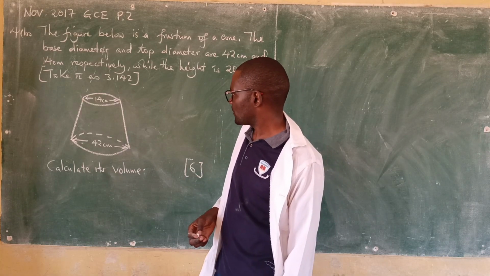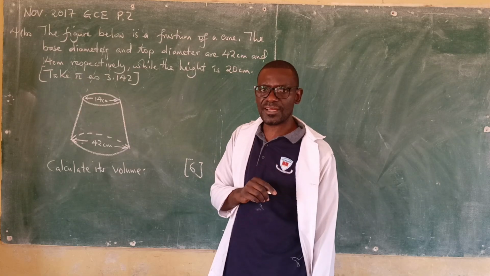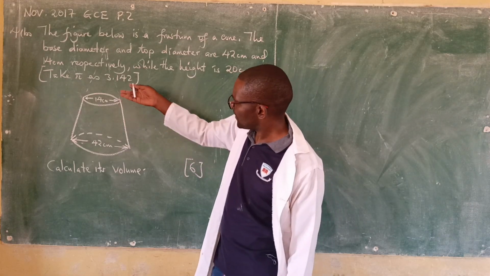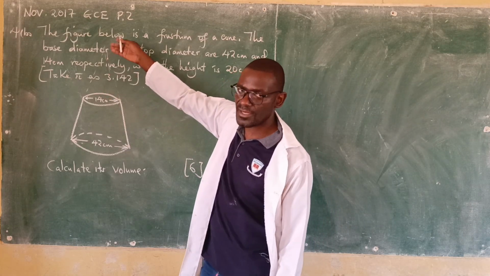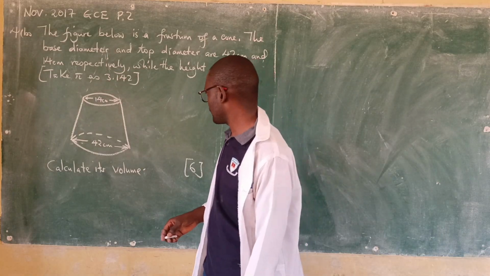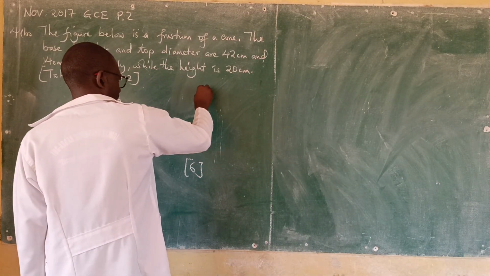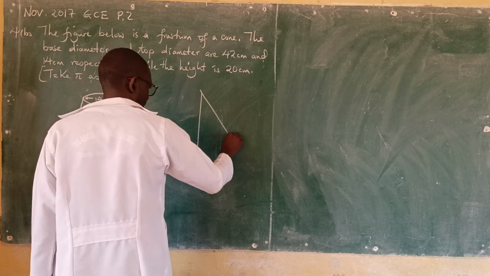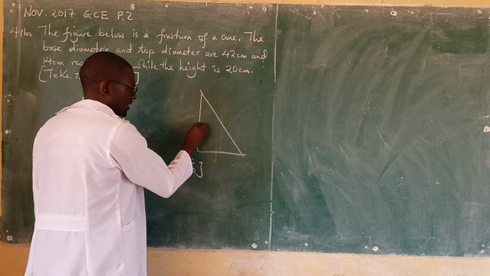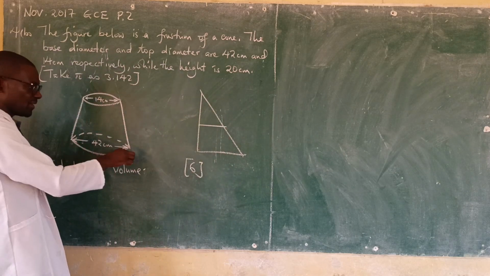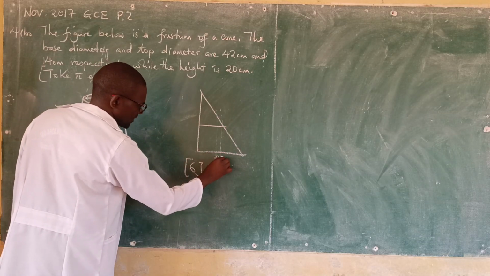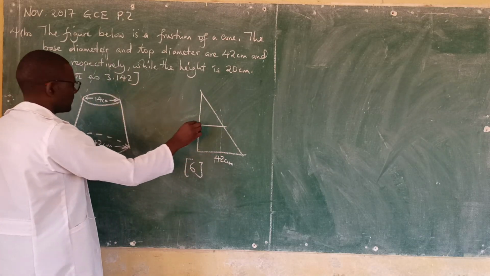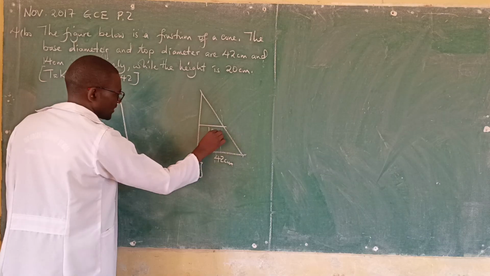And so before we do that, we take advantage of similar triangles to try and come up with the height for the small cone. So what we'll do is this. There's this arrangement whereby the base, which is 42, I can put it here, 42, and then we have 14 here.